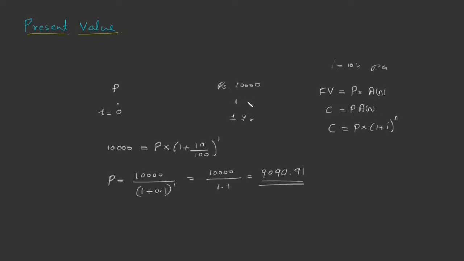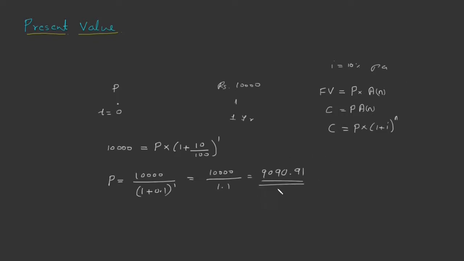So this can be said in reverse. If I require rupees 10,000 after 1 year, then I need to invest rupees 9090.91 at an interest rate of 10% per annum. Do you understand? The amount I need to invest today to get rupees 10,000 after 1 year is 9090.91 if the interest rate is 10%.